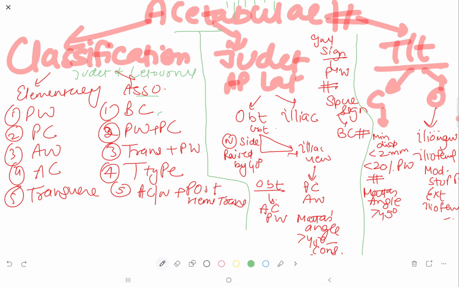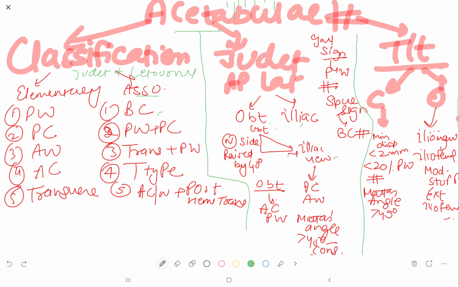Then for the radiographs, you have Judet views, AP and lateral. Now, Judet views are of two types, obturator oblique and iliac oblique. What will you do? You will raise the normal side by 40 degrees. Okay, so it will give you the iliac view of the diseased side and obturator view of the normal side.